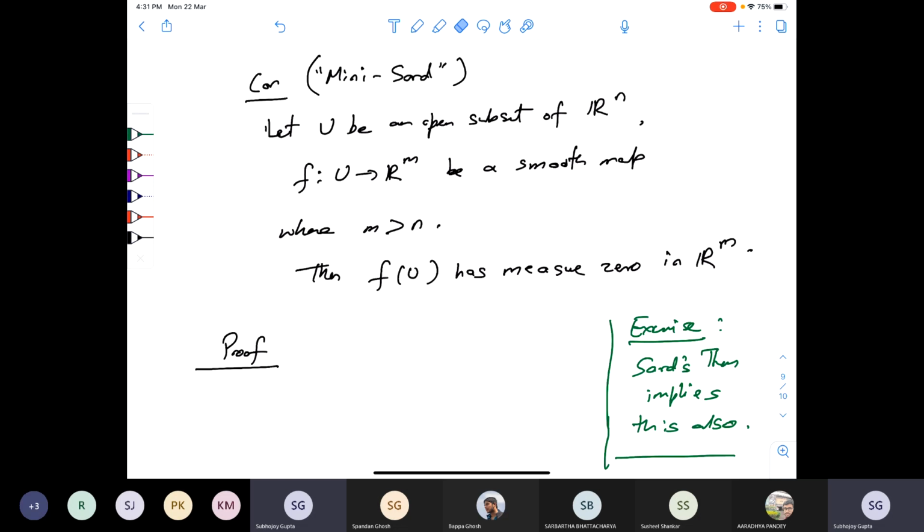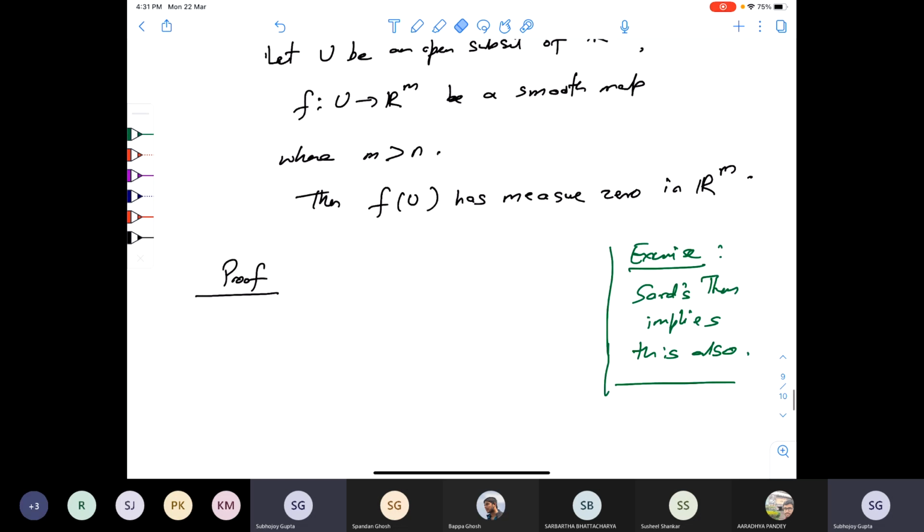This is what this is saying. One example is one of these canonical immersions we were talking about.